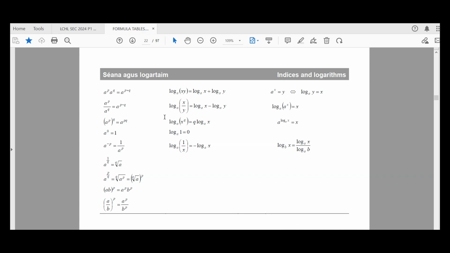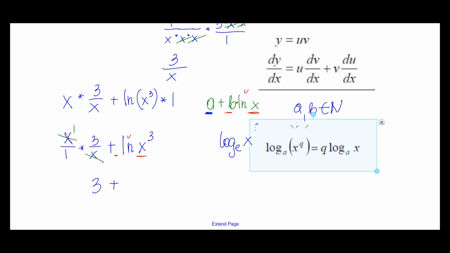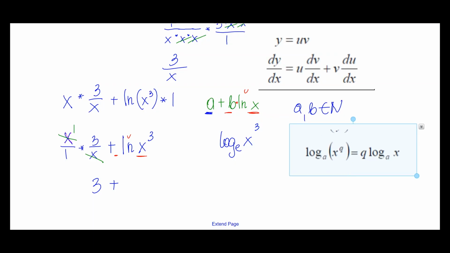Here we have a formula that is reflective of our situation. That's my base, so that will be my a. Then I have x, and then I have the power of 3. They have this power of q here, and they're saying you can write it in the front.